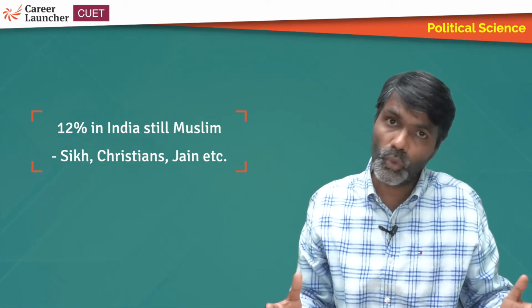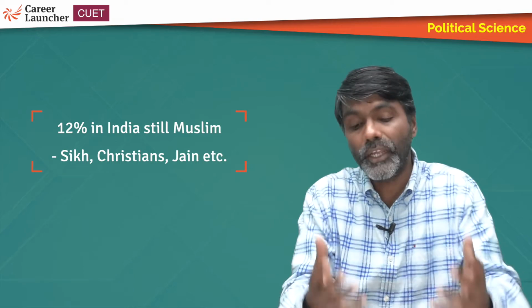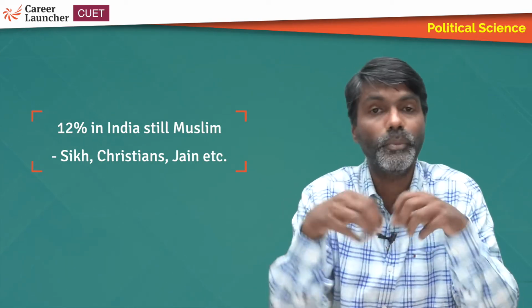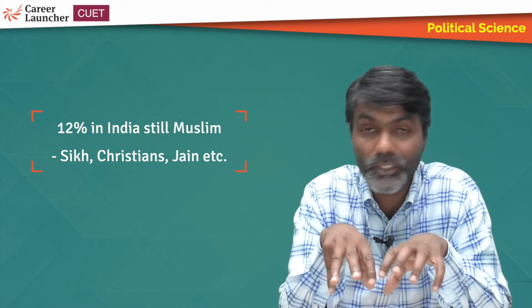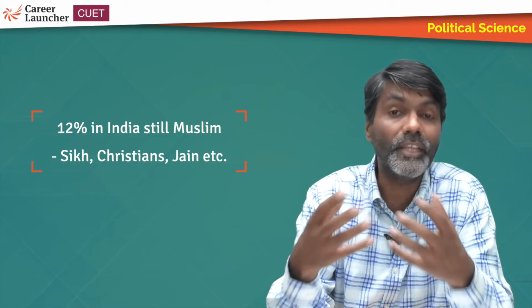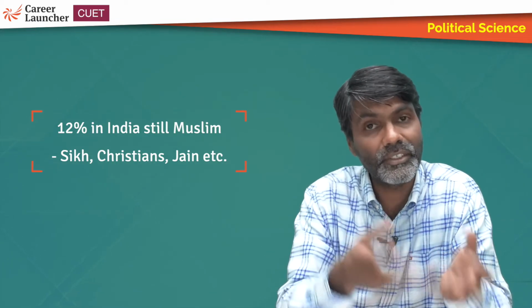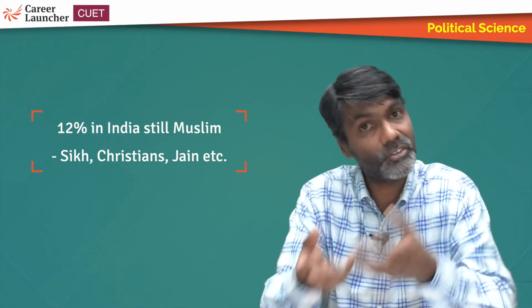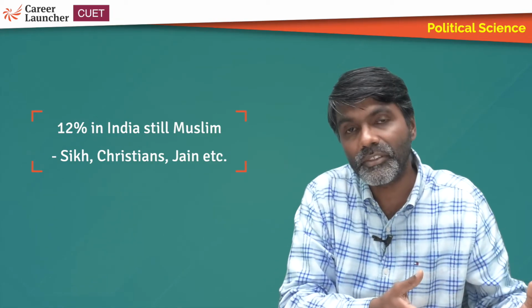So what did India do? India did not take the view that since all Muslims were to go away, we should become a Hindu society. No, they did not make that choice, with all their wisdom, because there were other minorities as well: Sikhs, Jains, Buddhists, Muslims, Christians, Parsis.